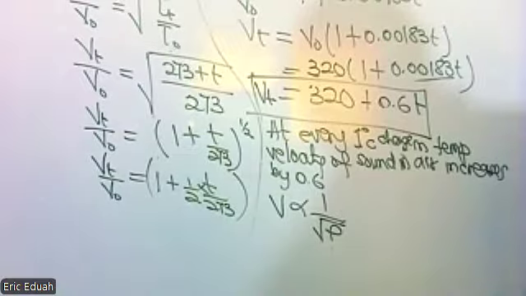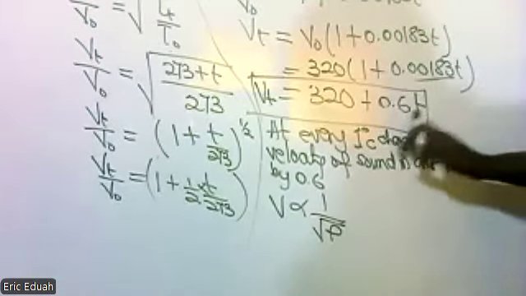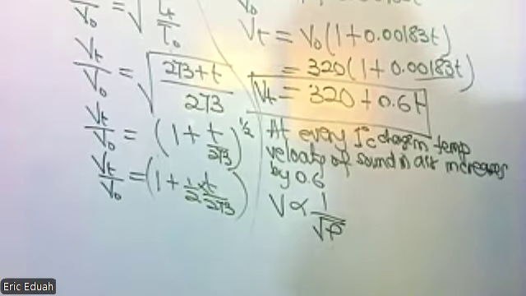How many times must the temperature in terms of degrees Celsius be increased so that velocity changes to 340 meters per second? So if they give you a question like this, just use this, because it's about velocity and temperature. Yes, please.